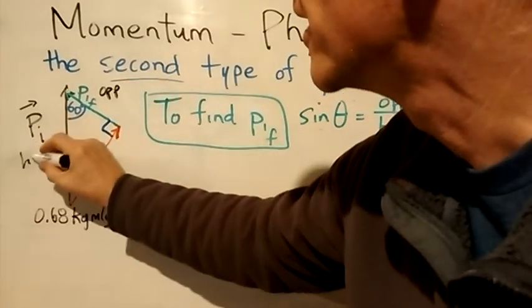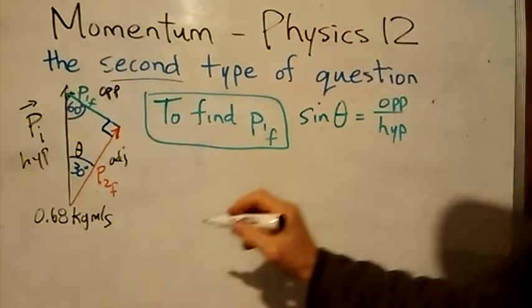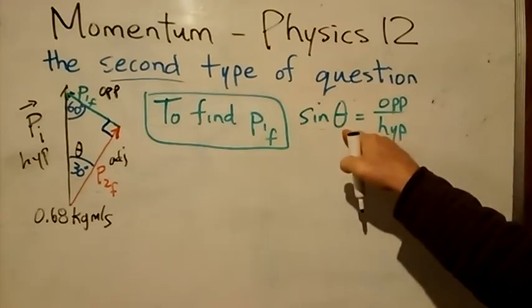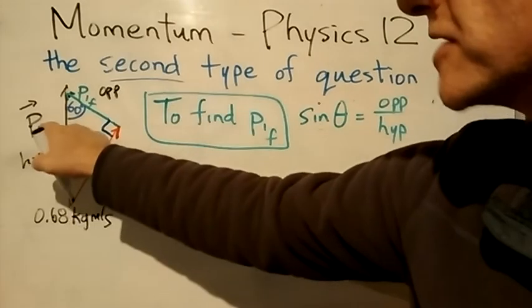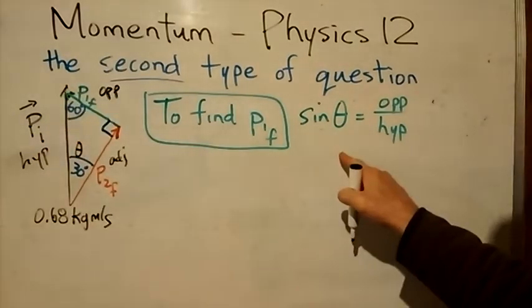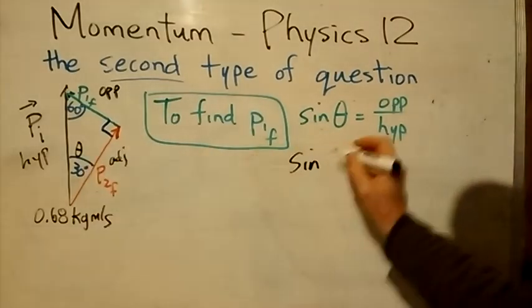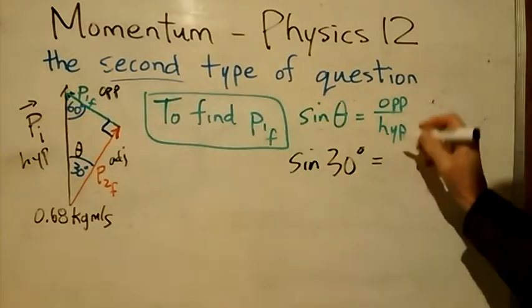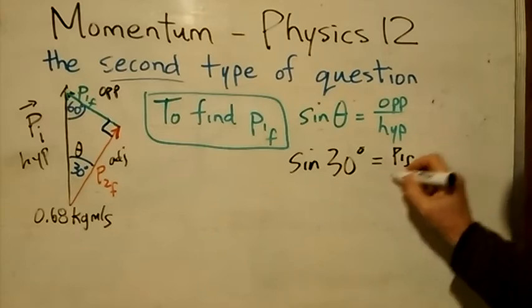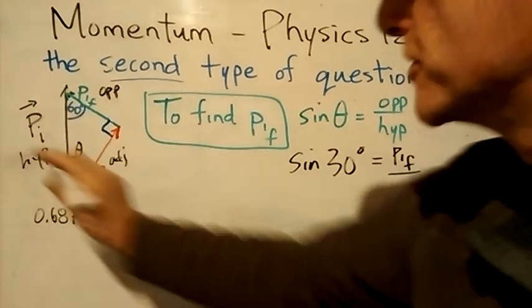This one is the hypotenuse side, and then this one must be the adjacent. Sine theta will be opposite over a number I know. This is 0.68 right here. So that is the way to go for sure. So I've got sine 30 degrees is equal to something I'm looking for, P1 final, over 0.68. That hypotenuse is 0.68.